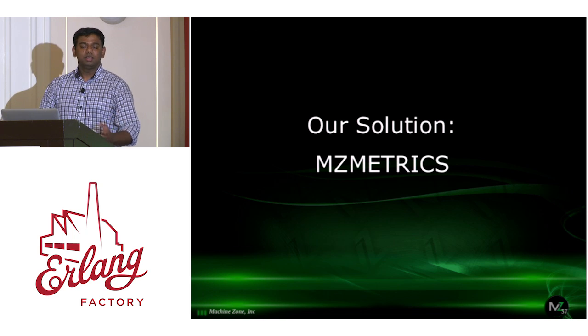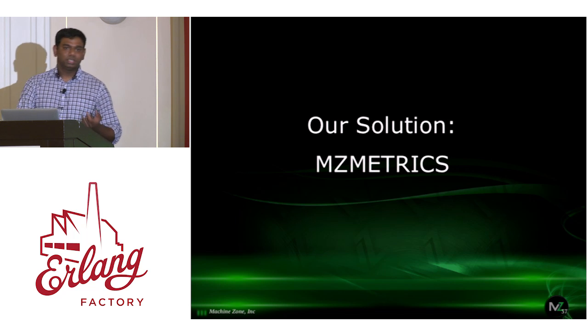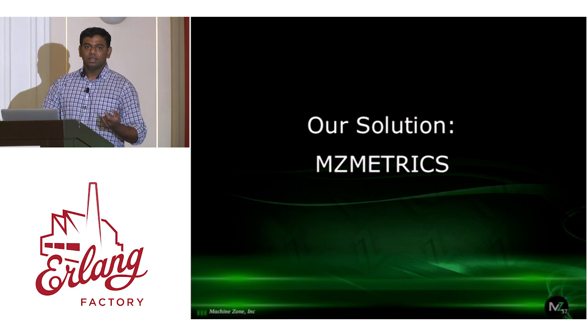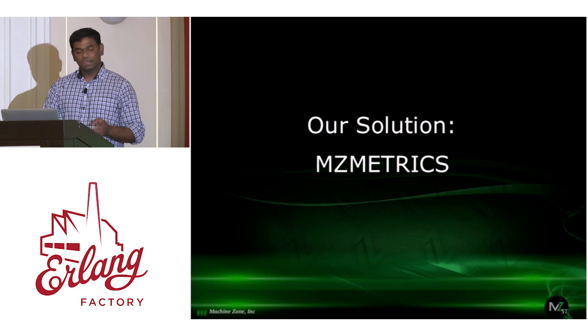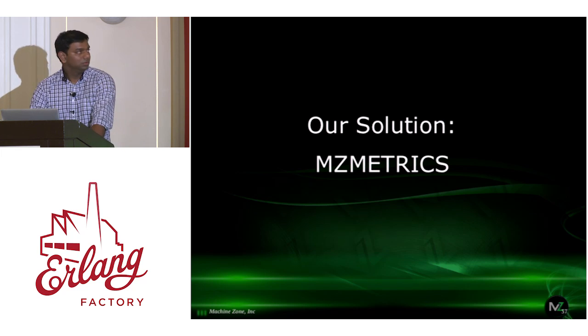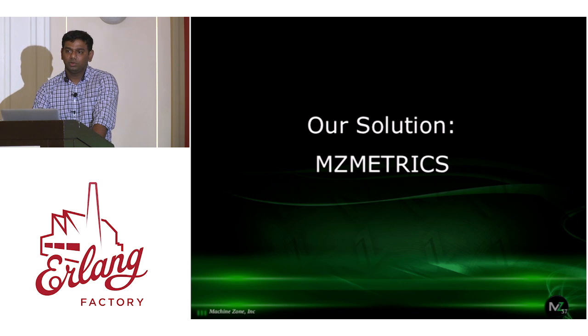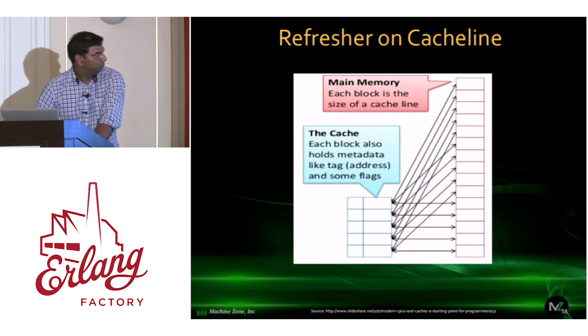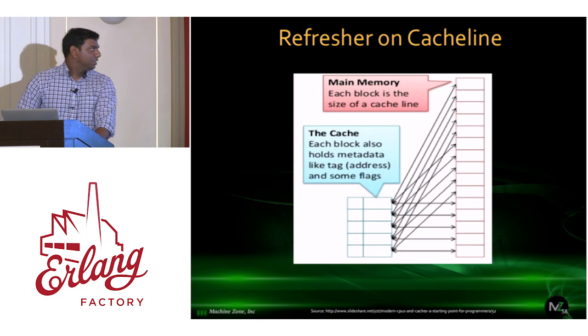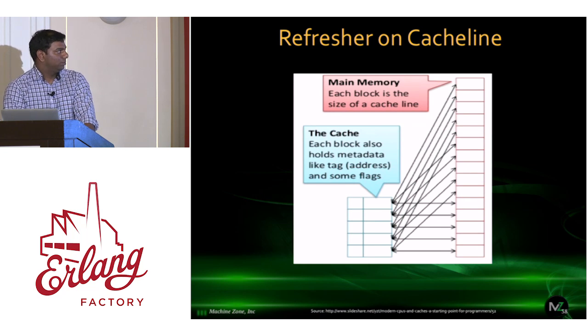We took the per CPU table approach exometer had, and we tried to optimize it for our use case. Before I move on to our implementation, I want to explain the per CPU data structures we used, and just give a refresher on cache lines. A cache line is just a chunk of bytes in main memory.